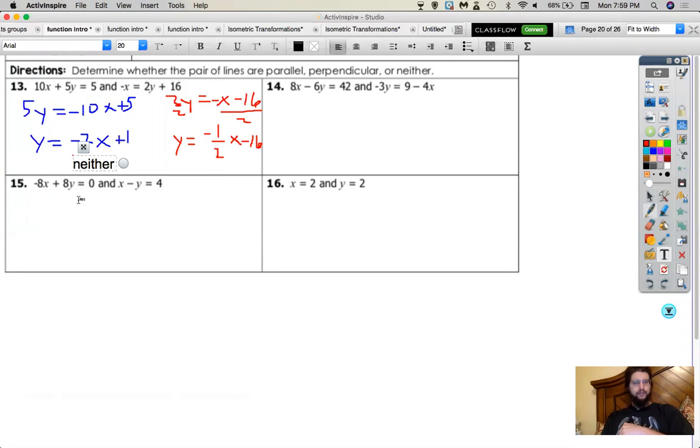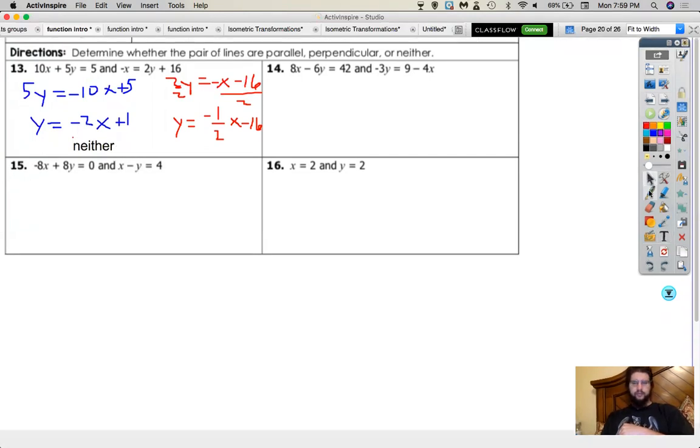Yeah, why not this one? So if I solve for y, 8y equals 8x. Well, 0 doesn't matter. Divide by 8, y equals x. Solve this one.